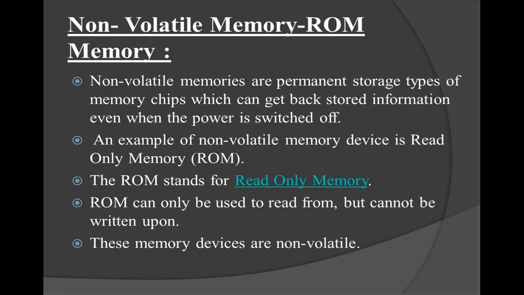Next we are going to see the non-volatile memory. Non-volatile memories are the permanent storage type of memory chips, where we can get the stored information even when the power is switched off.